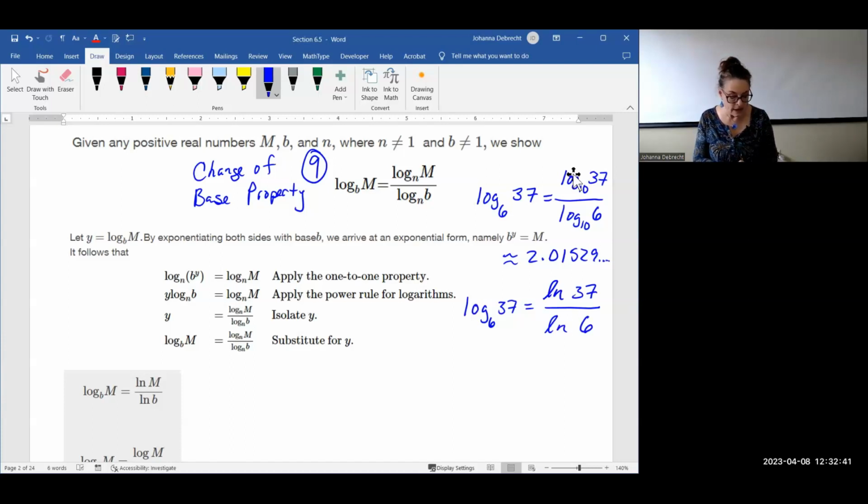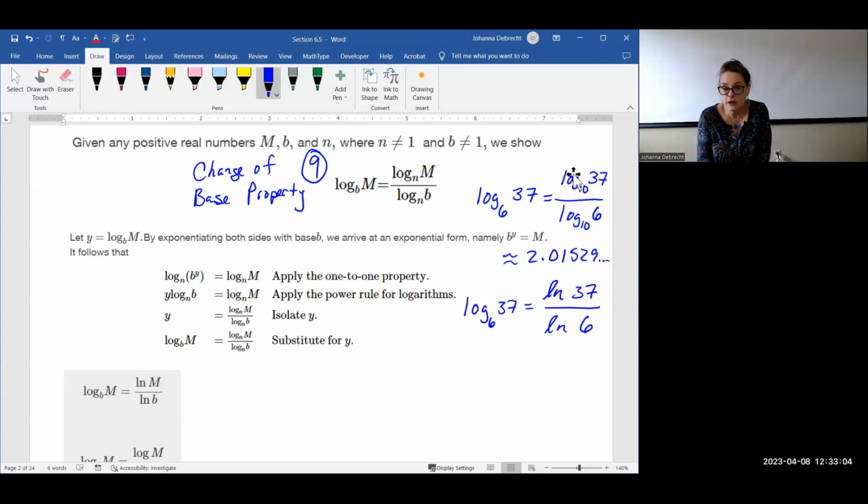Open parentheses, natural log 37, close parentheses, divided by, open parentheses, natural log of 6, close parentheses, equals, and I get exactly the same number I got before, 2.01529, etc. So I know that I can do it either way.